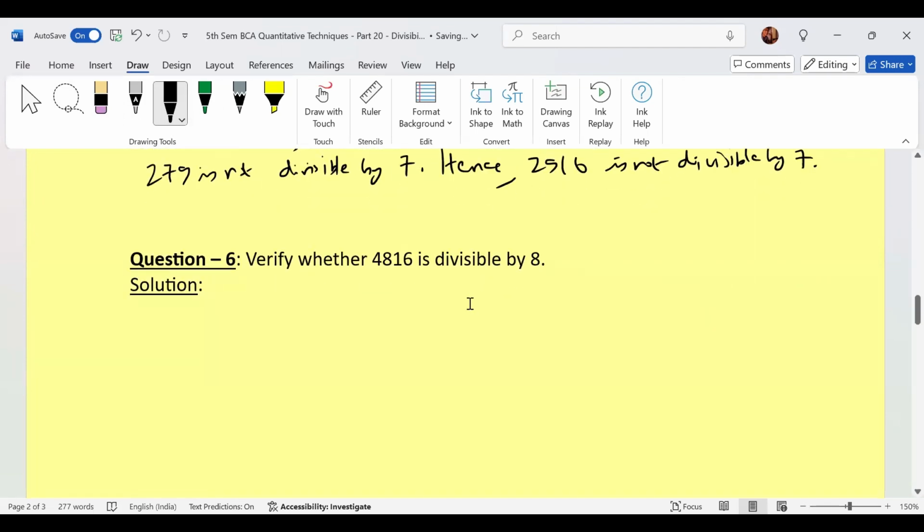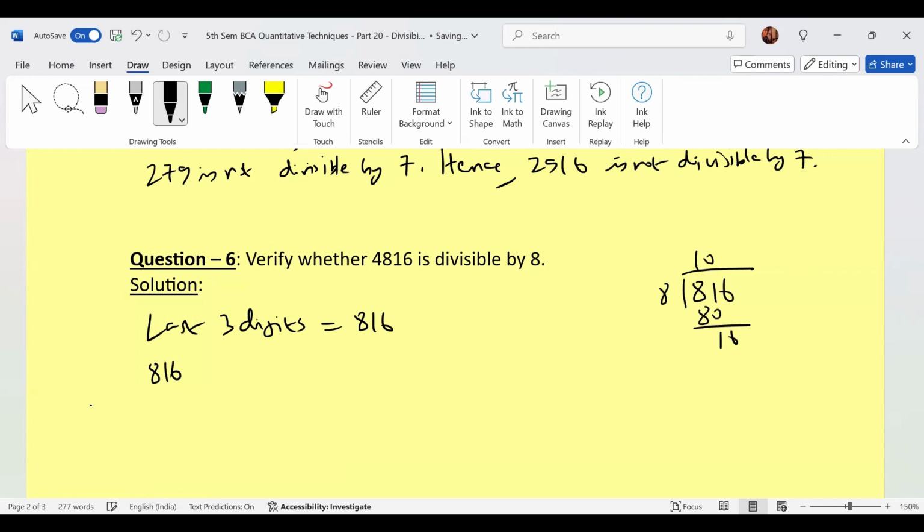Verify whether 4816 is divisible by 8. Let us consider the last 3 digits. Last 3 digits is 816. Check whether 816 is divisible by 8. Straight away, 8 tens are 80, 16, 2.